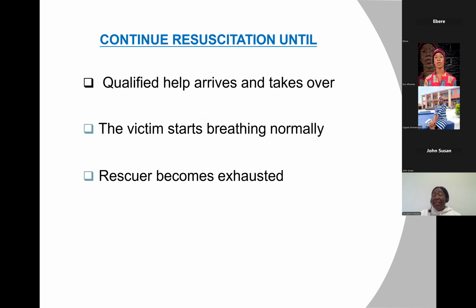If you have the slightest opportunity to pass across this information to another person, please don't hesitate to do it. It has been saving lives. It will continue to save lives because we continue to have hearts and circulation, and we continue to have lungs, and we breathe. And those two things can stop at any point in time.